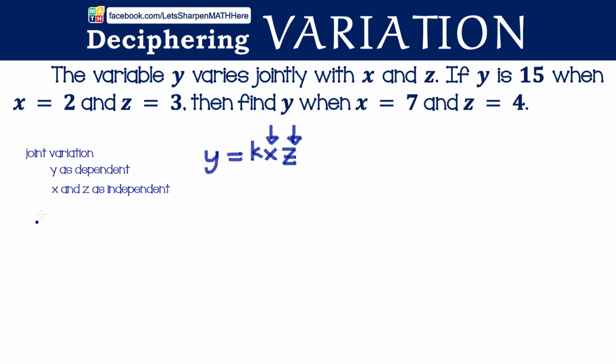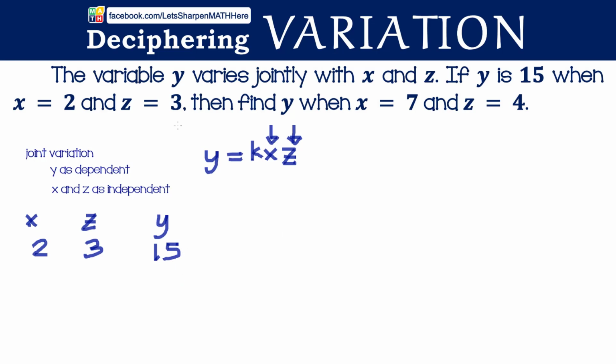But first, let's try to determine here the variables. So we have x and z for our independent variables, and the result would be y. In our first statement, y is 15 when x is 2 and z is 3. So these are the values we'll be using to solve for the value of k later.